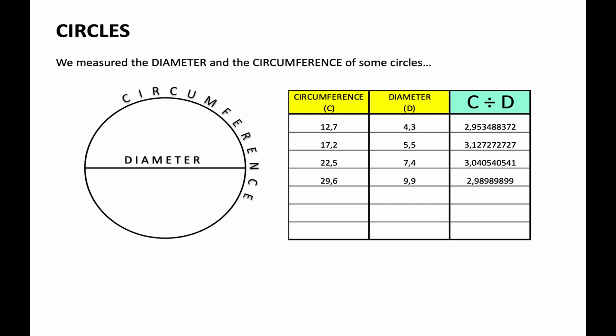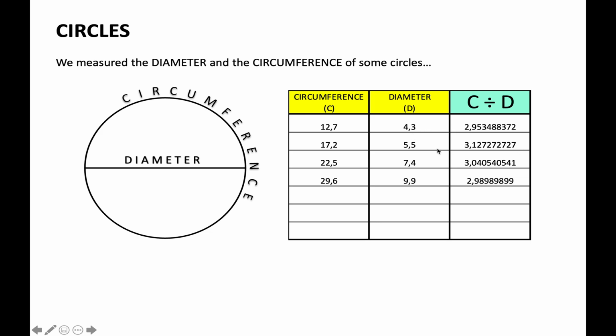Okay, so we're going to take some class notes about what we've just done. So we need to write down in our books Circles for a heading. Then we measured the diameter and circumference of some circles. Then a little diagram there reminding you that the diameter is all the way across the middle and the circumference is all the way around. So then there's our table of values with circumference and diameter and circumference divided by diameter.